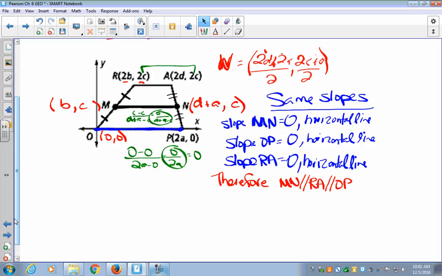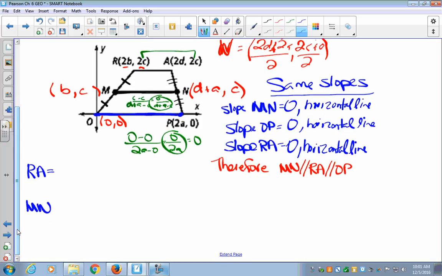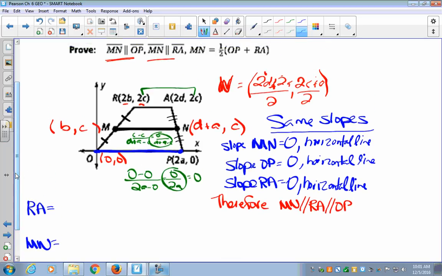So, yep, you got it. We have to use the distance formula on each of our 3 lines. So we're going to distance formula RA, MN, and OP. RA, the beautiful part about horizontal lines, what am I going to get when I subtract my y's? 0.